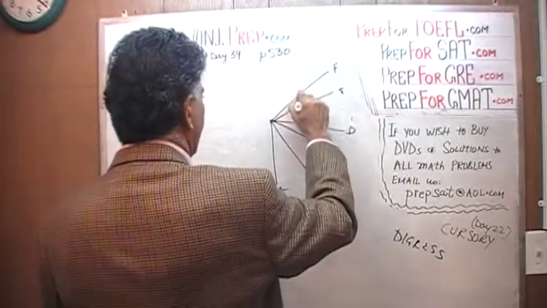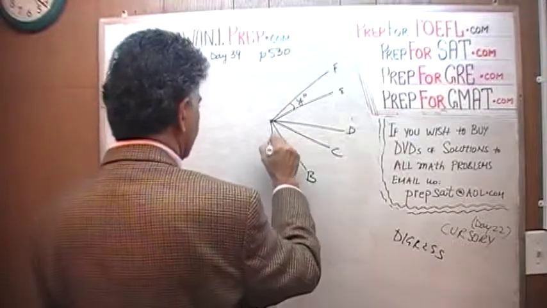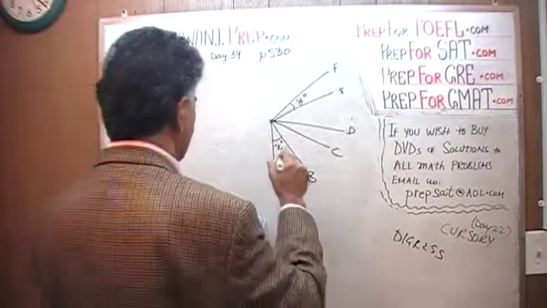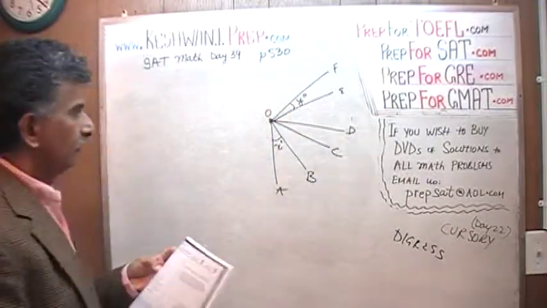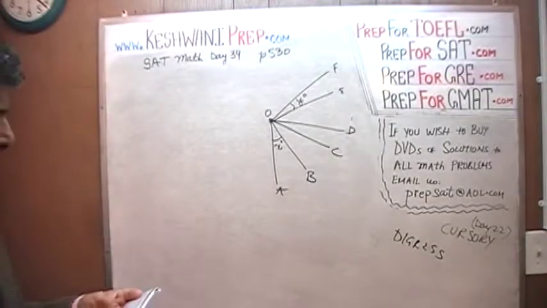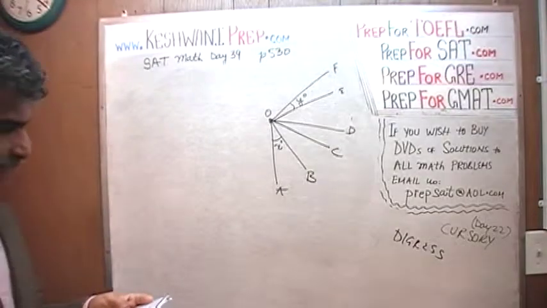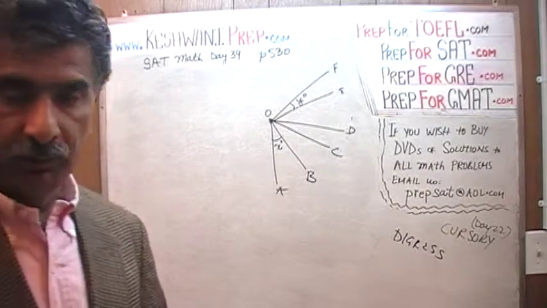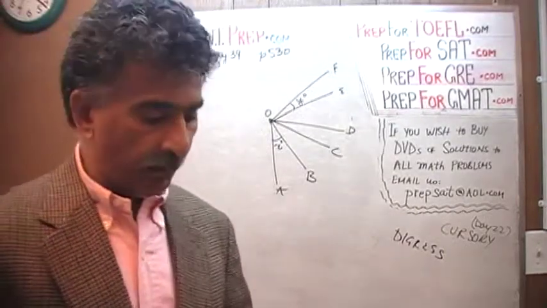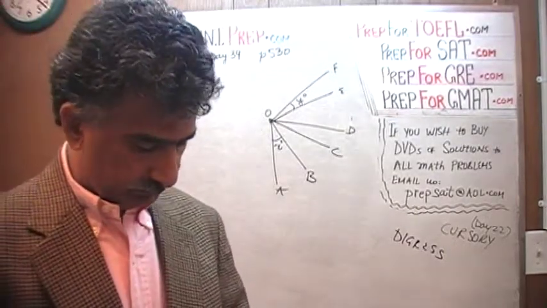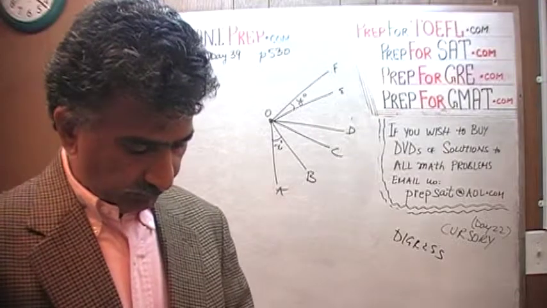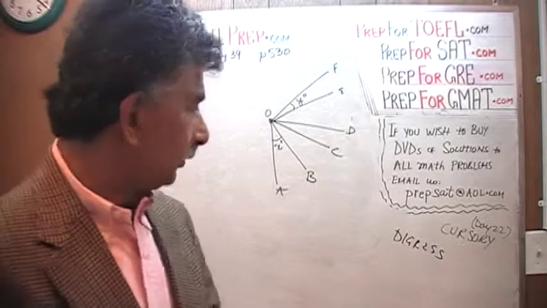We are told that this is Y degrees. We are told that this is X degrees. This is point O. So far so good. And of course how I actually draw the picture is completely irrelevant because the picture is not drawn to scale. In the picture above, 6 segments intersect at point O, as you can see there.